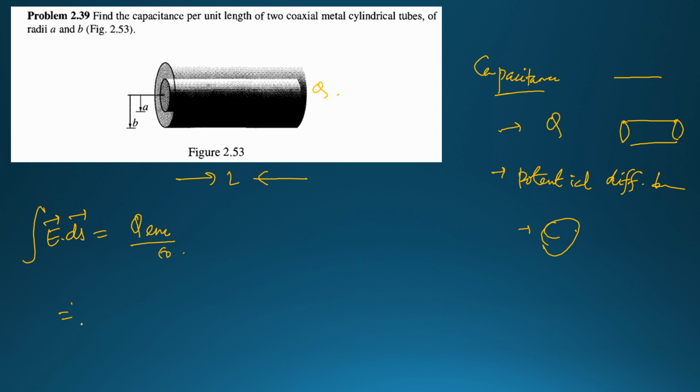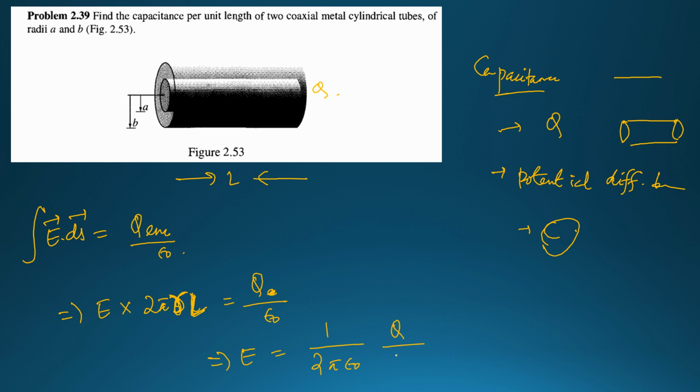E times the area is E times 2 pi r L, which equals q by epsilon naught. So E is equal to 1 by 2 pi epsilon naught, q by rL. So this is the radial field.